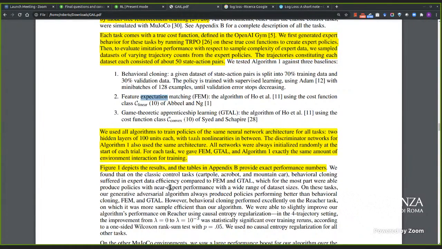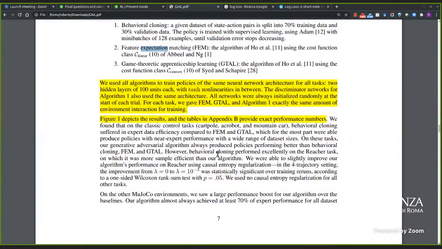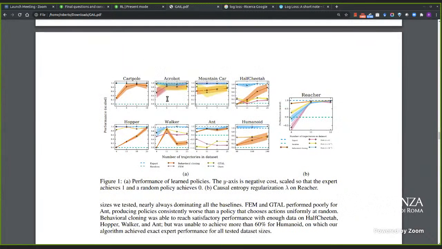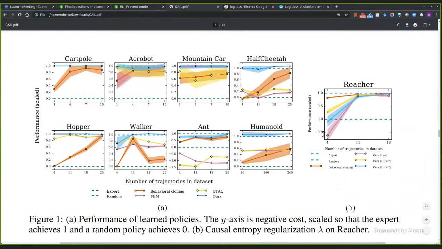So algorithm 1 depicts the result, and the tables in Appendix B, which we are not going to look at, provide exact performance numbers. As you see, they scaled the performance over the best performance that they got from any algorithm, which is basically always GAIL.